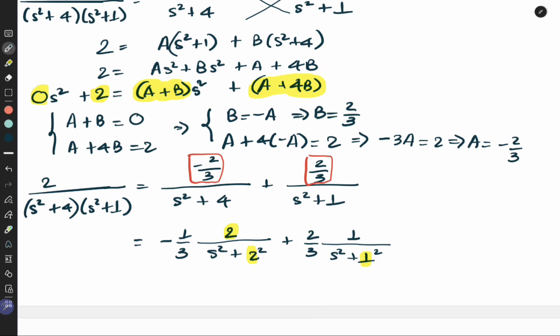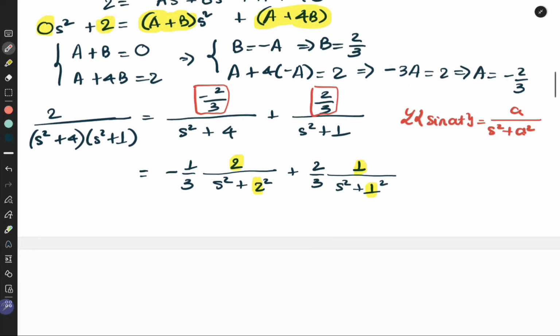You see how they match each other. When you do the inverse Laplace, they are just the same formula, which is the Laplace of sine at, which is a over s squared plus a squared. So now I'm going to inverse Laplace both of them.